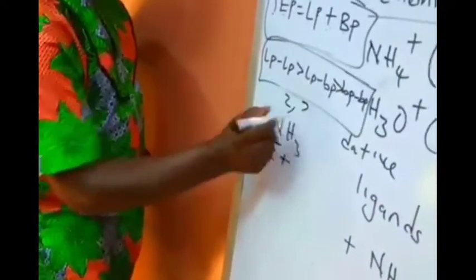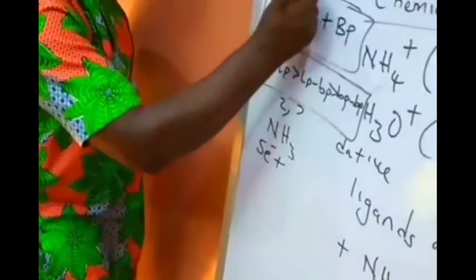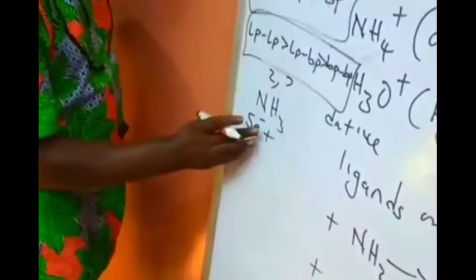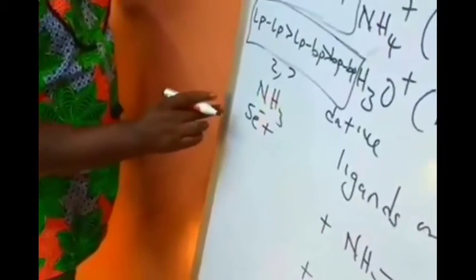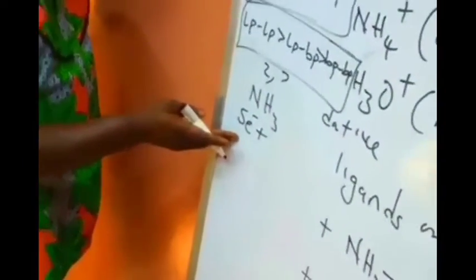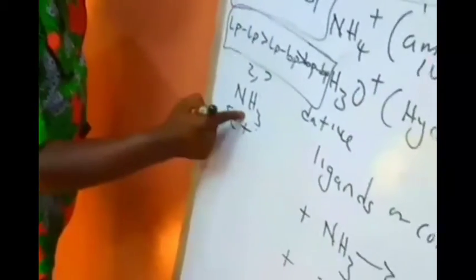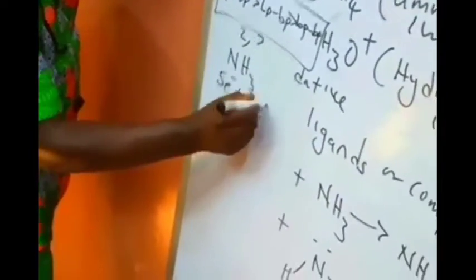Nitrogen is 7, so 2, 5. So the valence electron is 5. And hydrogen is 1 times 3, so you have 8. So the total available electron around ammonia is 8. Now the question is, how many are used during the bonding? Let's check.